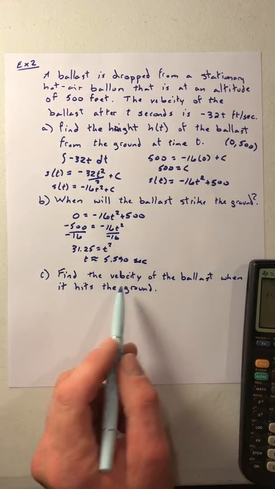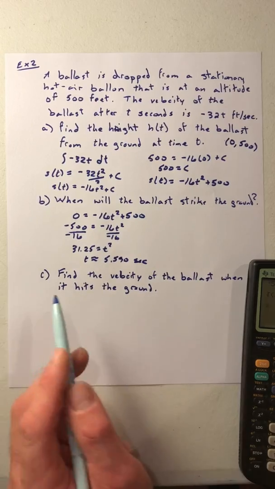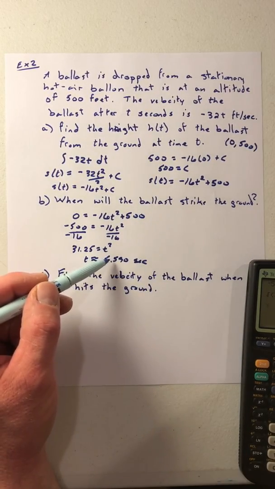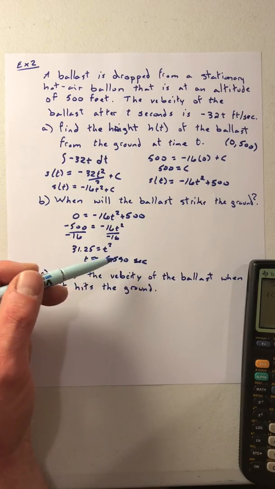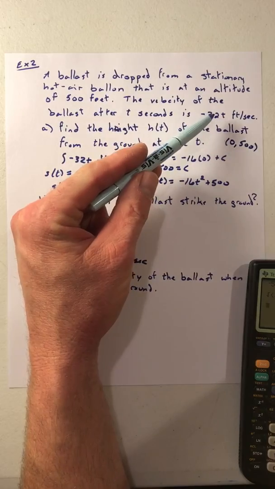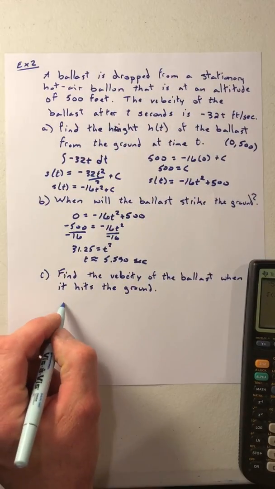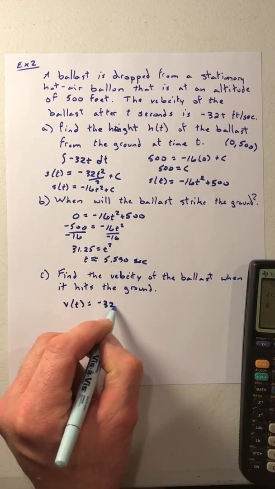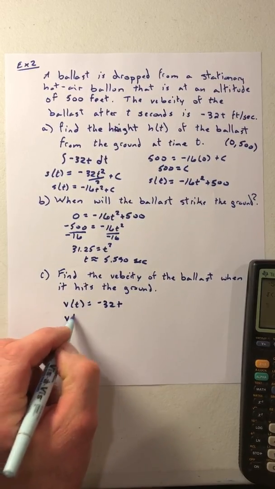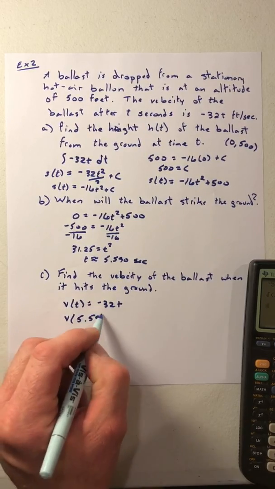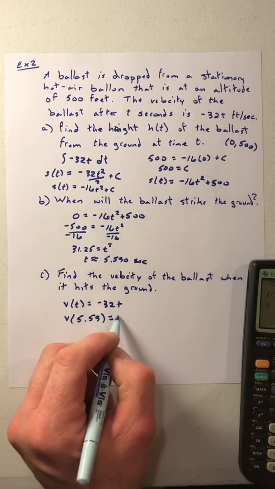Can we find the velocity then, in part C, of the ballast when it hits the ground? Well, I know it hits the ground at about 5.59 seconds. I also know the velocity at any given time is negative 32t. So I can find the velocity at 5.59 seconds.